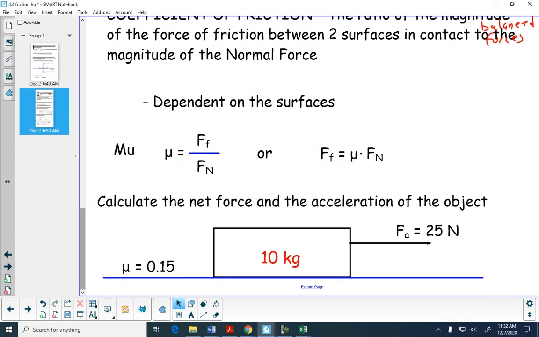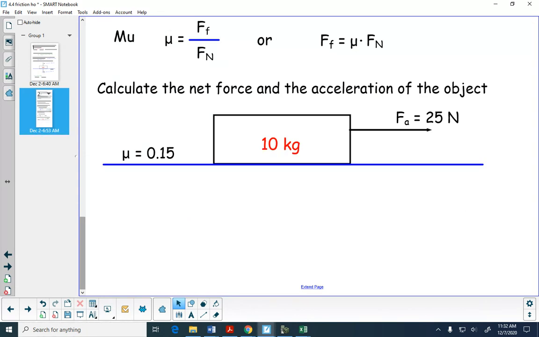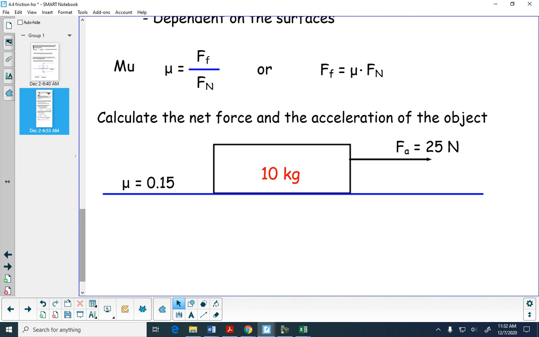We want to calculate the net force and the acceleration of the object. It's a 10 kilogram mass. We have an applied force of 25 newtons pulling it to the right, and the coefficient of friction, mu, is equal to 0.15.